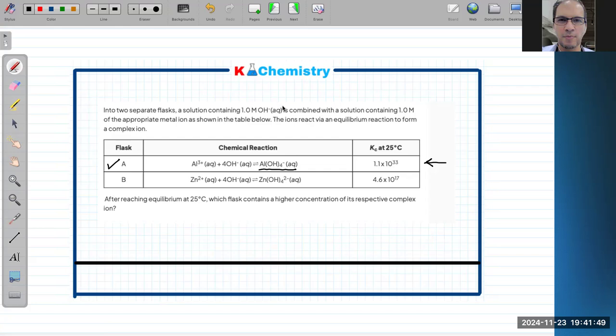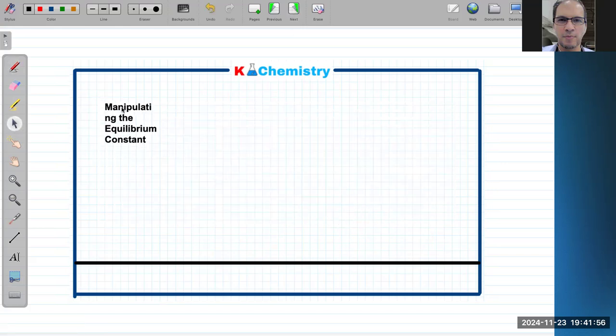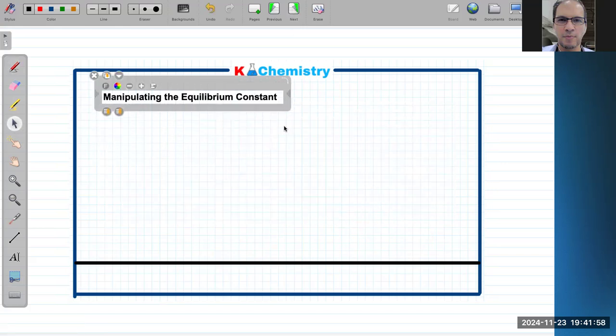Okay, in the next part, we'll see how we can manipulate the equilibrium constant and play with it a little bit. This is the next section, manipulating the equilibrium constant.